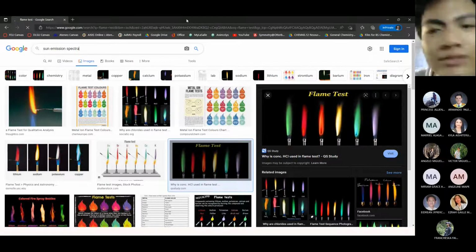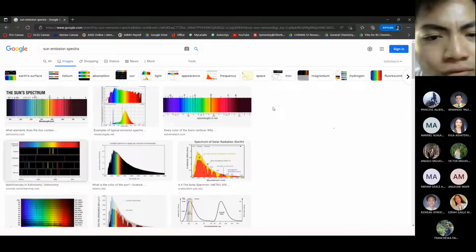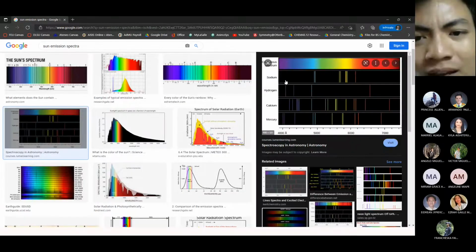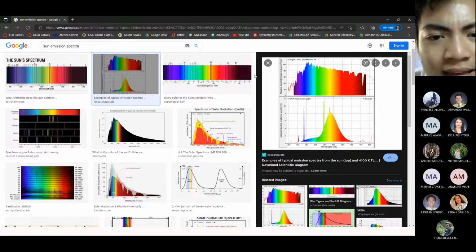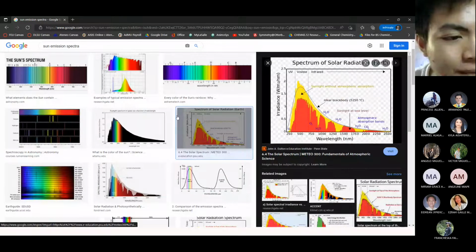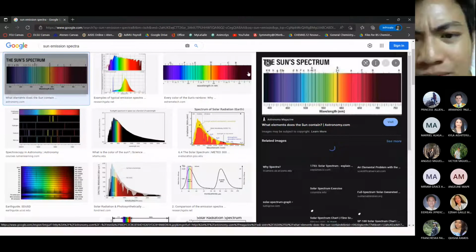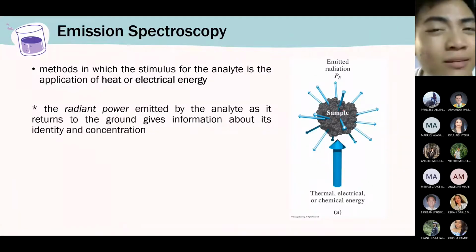The elements in the sun release different wavelengths, and those wavelengths correspond to certain elements, such as sodium, hydrogen, calcium, mercury. All of that can be seen in the emission wavelengths of our sun. That is one of its usages. Emission spectroscopy: you heat your matter until it releases light.